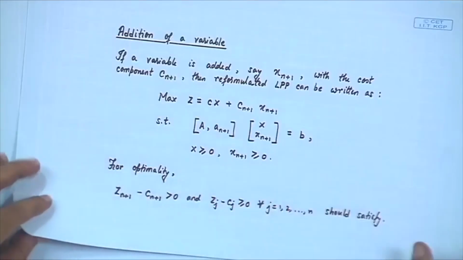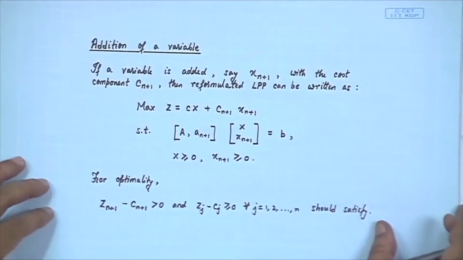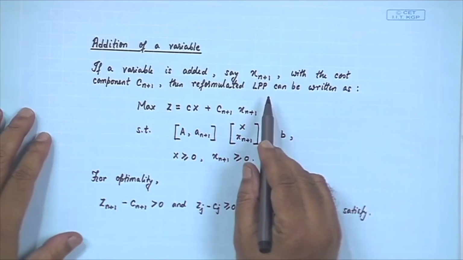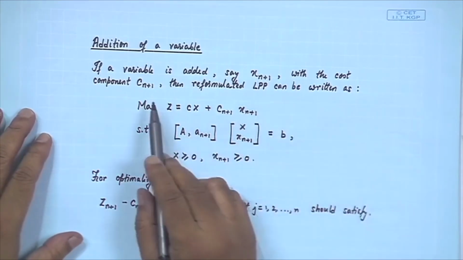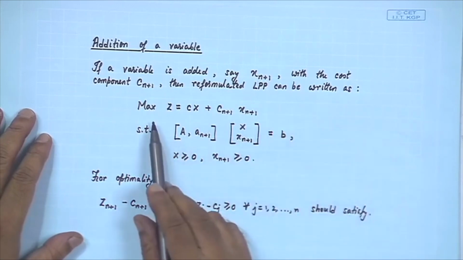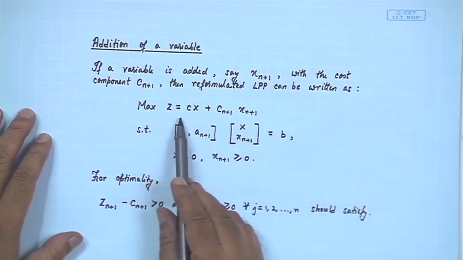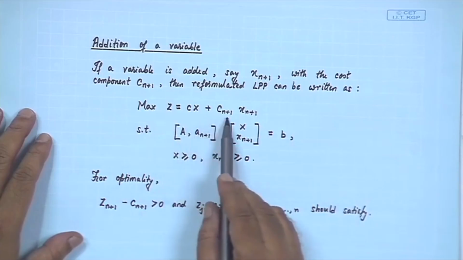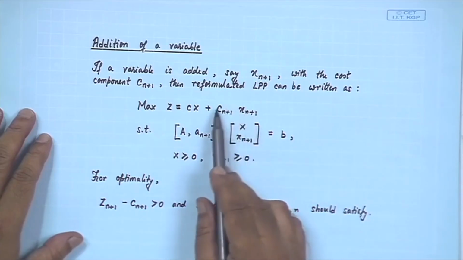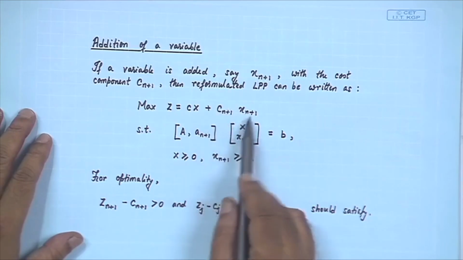Now, we will go to the other one, that is addition of a variable. Suppose a variable is added, say x_(n+1) with the cost component c_(n+1). Then the reformulated LPP can be written as maximize z equals c x plus c_(n+1) into x_(n+1).